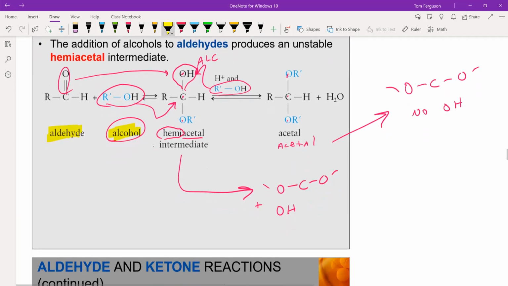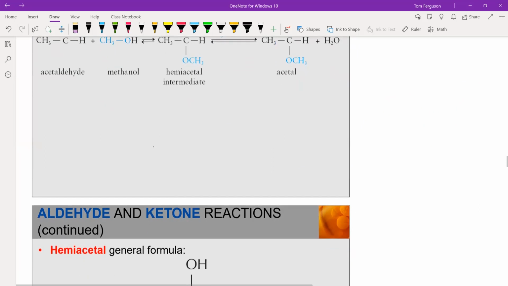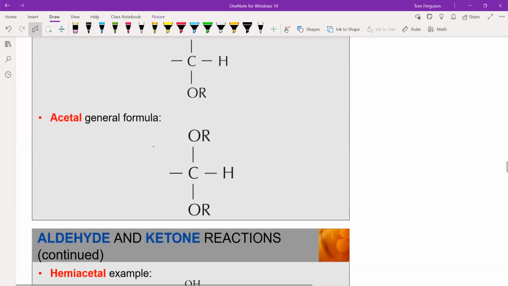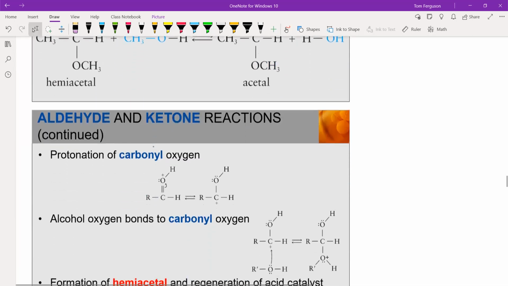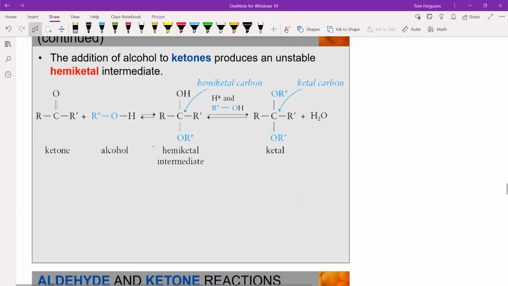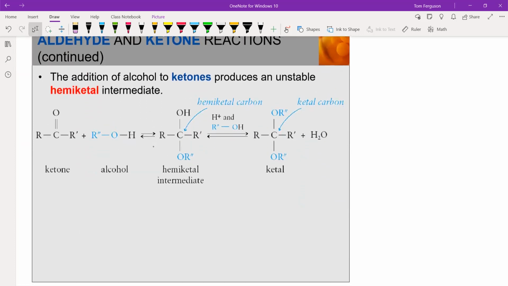Now, what happens if we start with a ketone instead? If we start with a ketone and an alcohol, we're going to get a ketal and then a ketal. So we're still looking for an OCO.